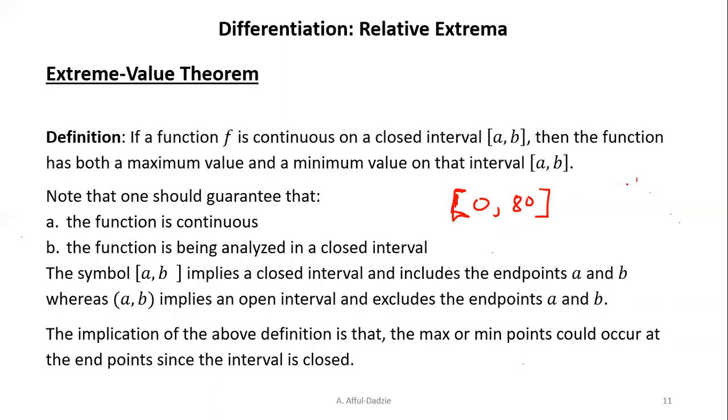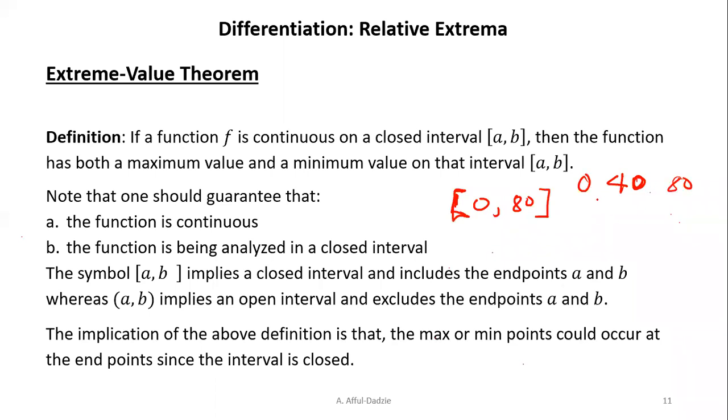Now, although we found 40 as the maximum value, sometimes it is possible that the highest possible value could occur at the extreme values, or at the endpoints, which are either 0 or 80.